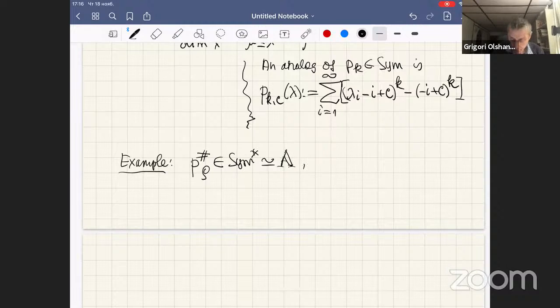So assume that rho is a partition of some size, again, m. And I want to define it as follows.